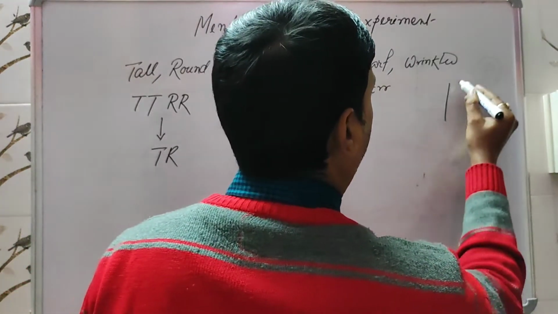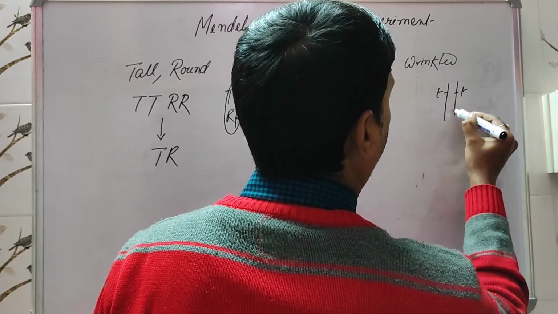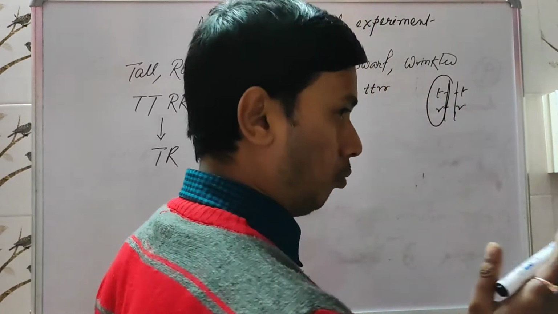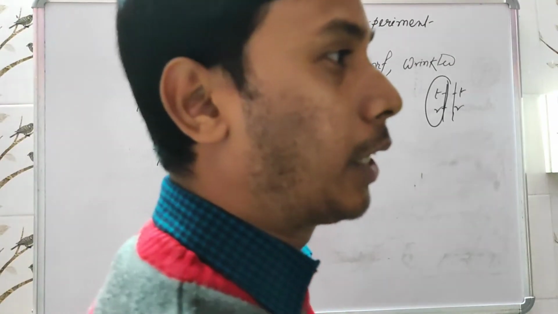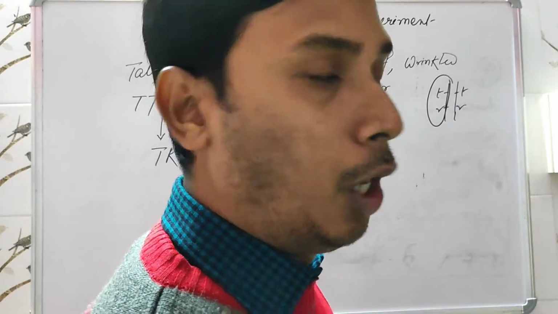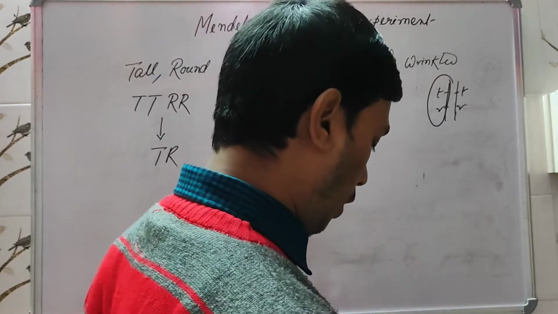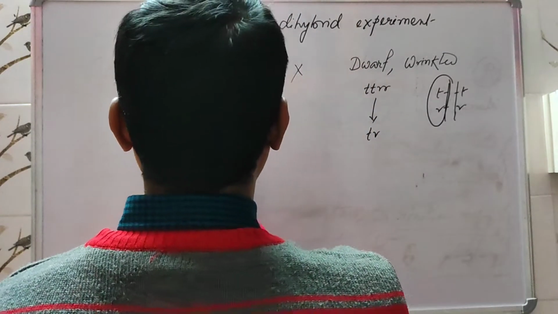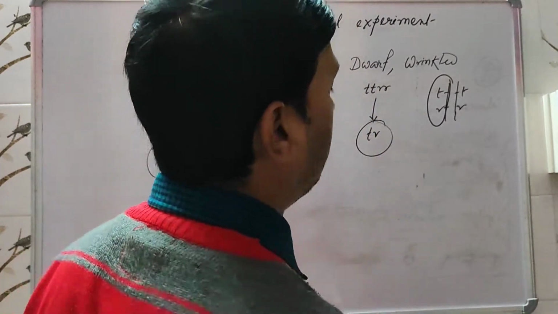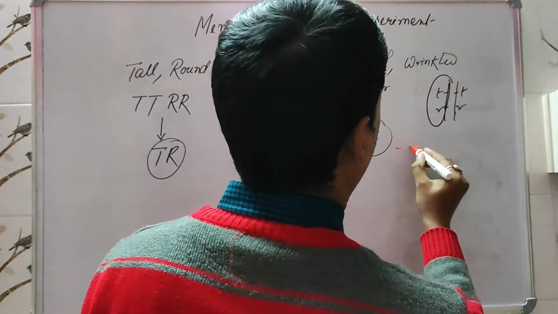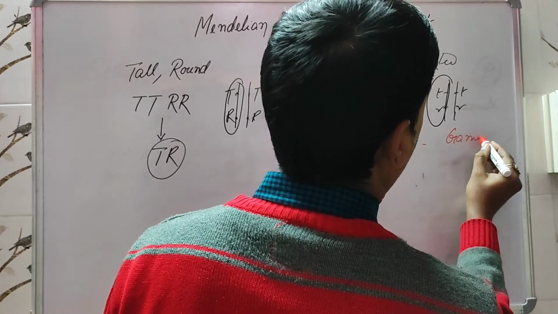Here also in the same way, small t and small r: a single set of chromosomes is transported to the gametic part. So here we write small t, small r. These portions indicate the gametes, so I am writing here gametes.